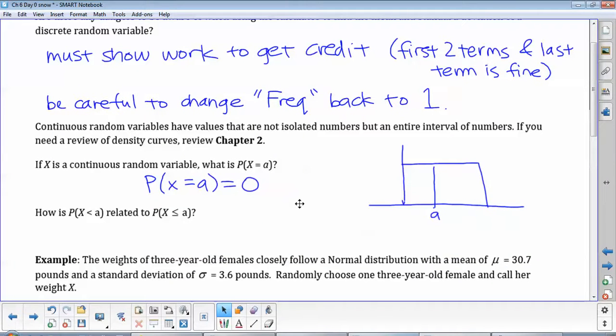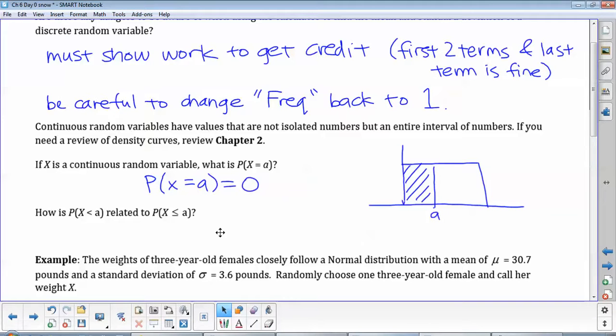Now, if I wanted to find an interval, so how is the probability of x less than a related to x less than or equal to a? If I wanted to think about the area between whatever the minimum number is and a, that actually has an area, because now I have some width on the bottom of my little rectangle there in my very simple example. That actually has a number, but the area of the line itself is 0.